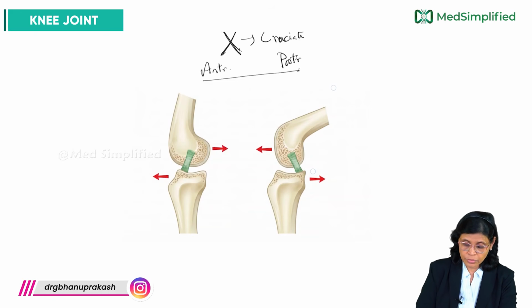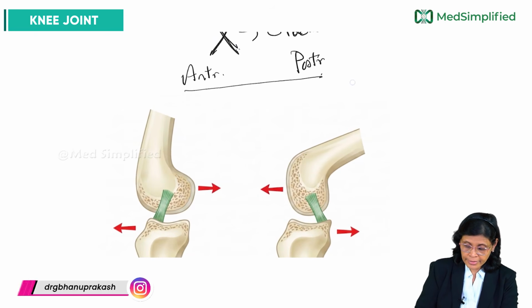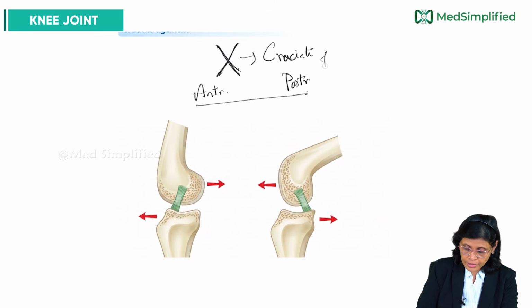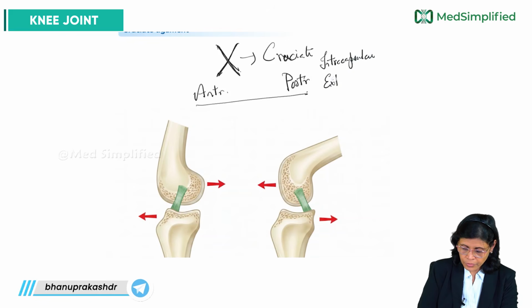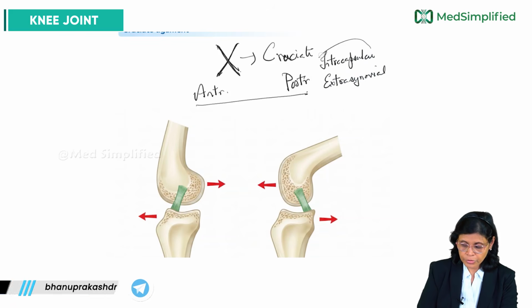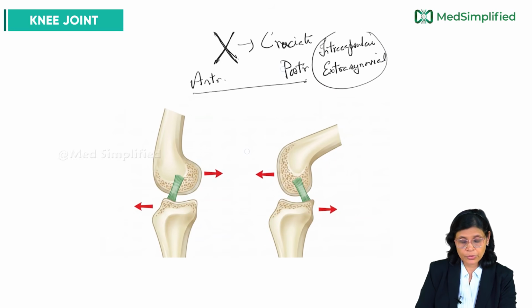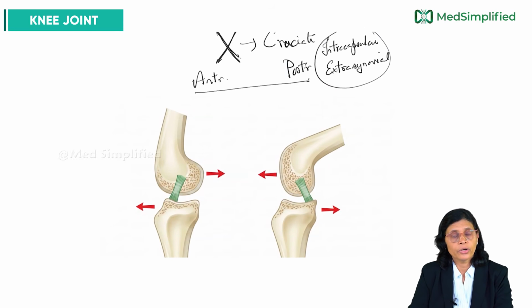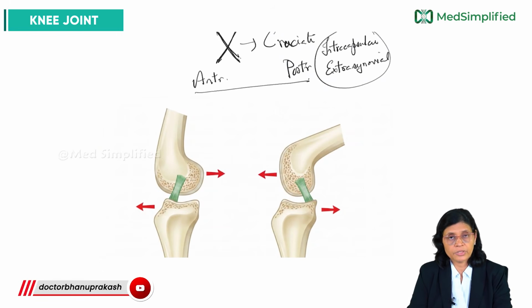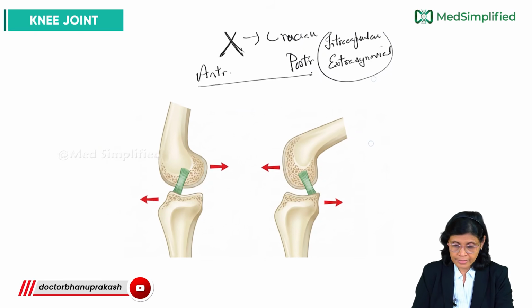So the cruciate ligaments, we say, are intracapsular but extrasynovial. Okay, that point you should remember. Sometimes in MCQs, they give all but one is true, with some statements, and you have to choose the right one or exclude the wrong one. So in those cases, these things are commonly asked.